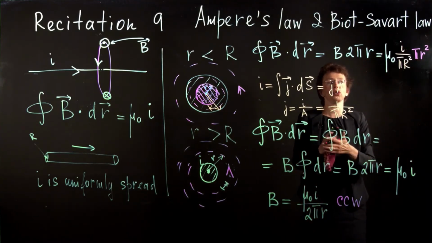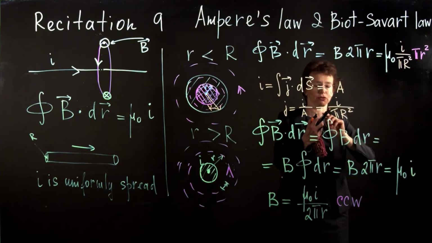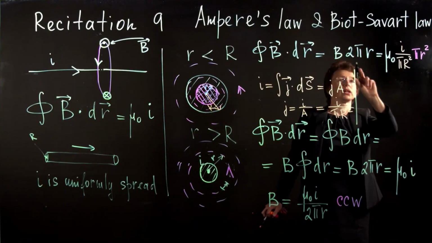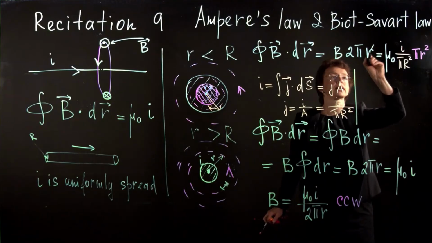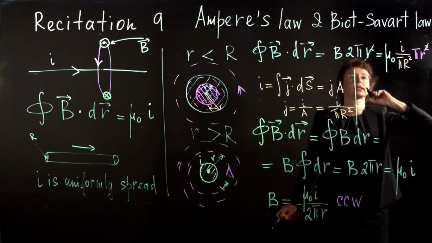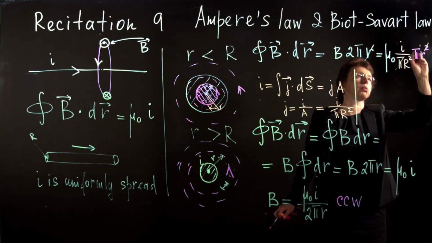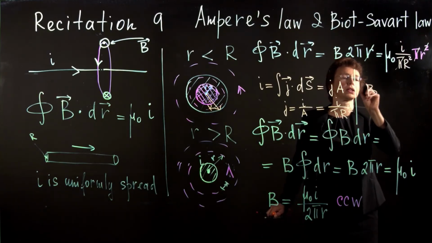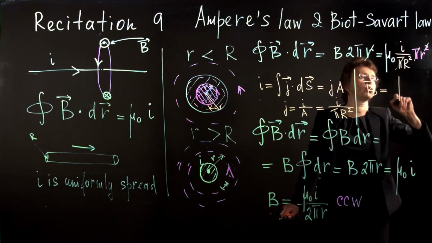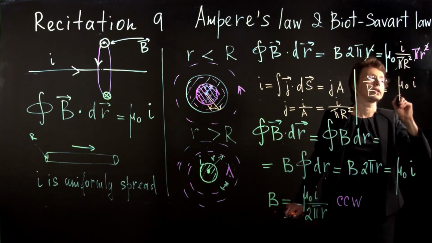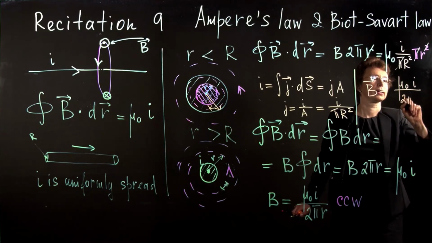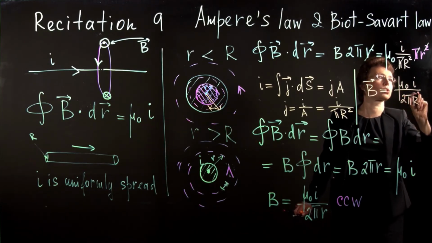All we need to do now is solve for the magnetic field B. What will be the magnetic field B? Let's look at this. Pi and pi cancel, and one r cancels. Now we have B, the magnetic field, which is mu naught I r divided by 2 pi capital R squared.